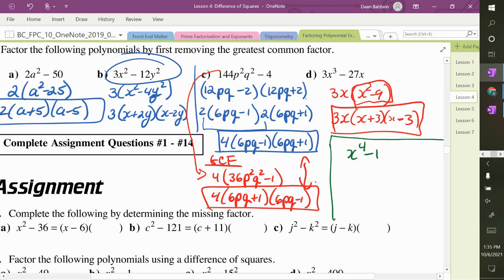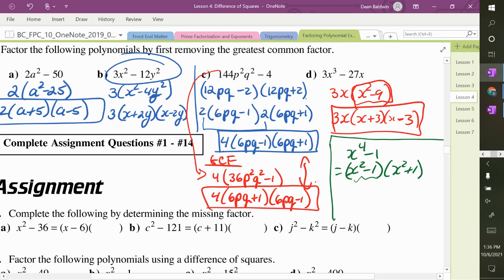So that's the square root. Can you square root 1? So this would factor, and it's a difference of squares because it's 2 terms. x squared minus 1, x squared plus 1. But what do you always do? You keep factoring until you cannot factor anymore.